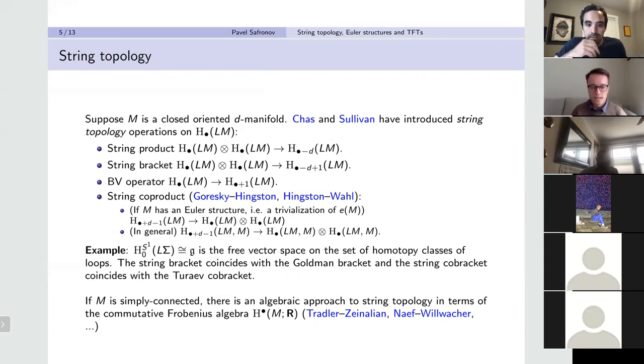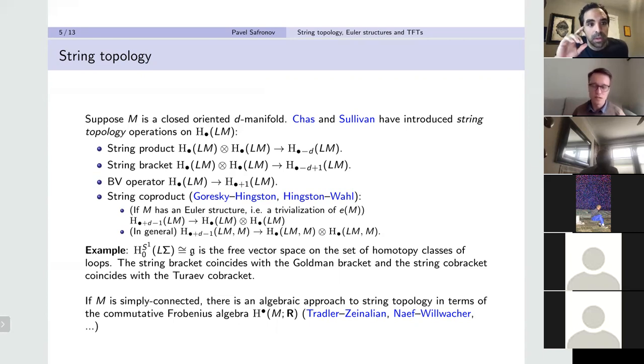Now, in the case when the manifold is simply connected, and you're working over the reals or over the rationals, you can have an algebraic model of the string topology operations in terms of a Frobenius algebra structure on the cohomology of the manifold. So basically, if you look at this Frobenius algebra, cohomology of the manifold, and you take its Hochschild homology, this is going to be cohomology of the free loop space.